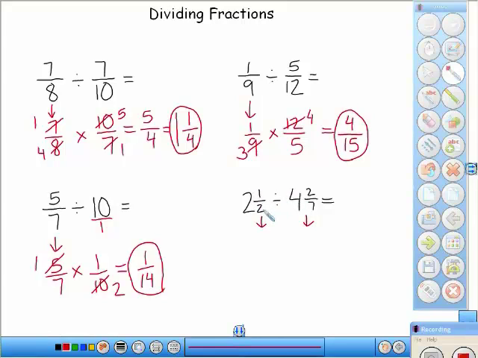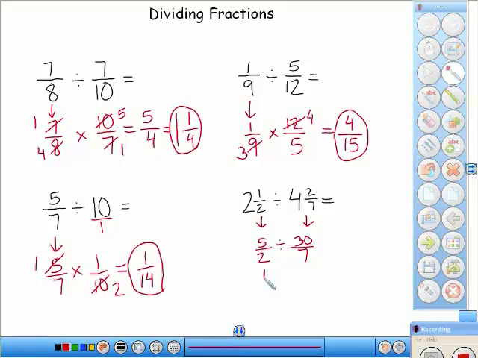And remember, we do that by multiplying and then adding the numerator. 2 times 2 is 4, plus 1, 5. 5/2 divided by 7 times 4, 28. 28 plus 2, 30 over 7. So now, here's my division problem, just like the other division problems that I had.